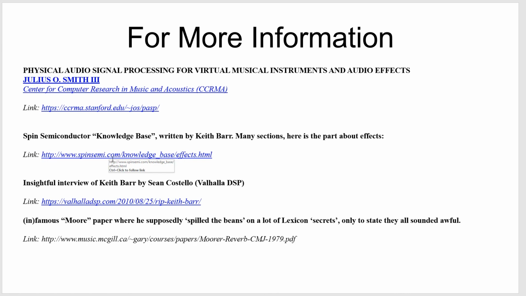It's still widely used today. It's probably in thousands and thousands of guitar pedals and Eurorack, say like the Tip-Top ZDSP uses a Spin part, and the new FX8 also uses a Spin part. He has a whole section called a knowledge base on the Spin website that talks about how the Spin part does these effects, and you'll notice that it's very similar to how the Midiverb does the effects. So I suggest reading that.